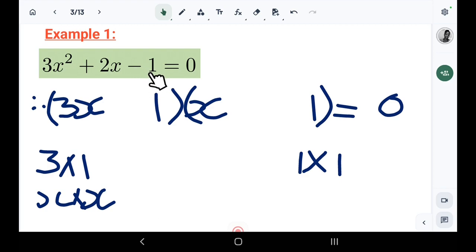Notice that you've got a negative on the last term, meaning that you will need a positive and a negative to achieve that. However, you've got a positive in the middle. How do you then decide where to put your plus and where to put your minus? If you've got a positive in the middle, what you do is you put your biggest factor terms that you multiply together and have that be plus, positive, so that at the end of the day, your answer is now positive.